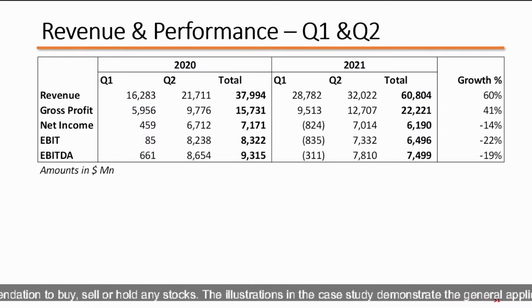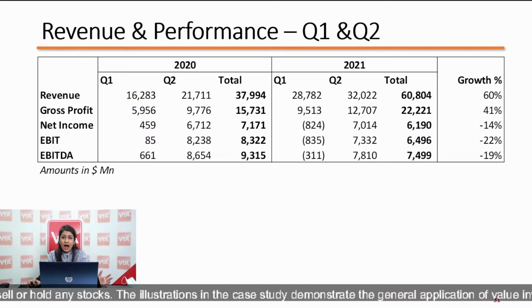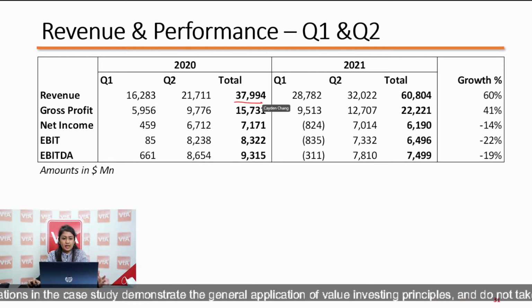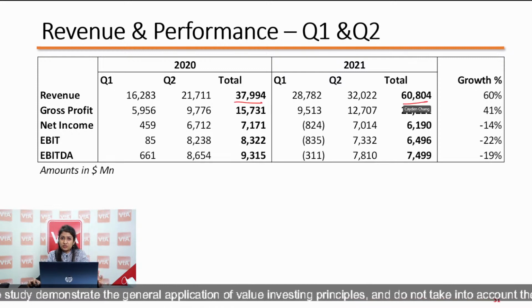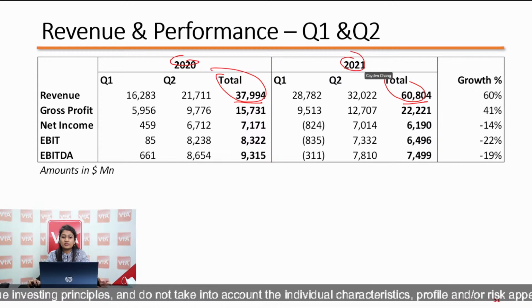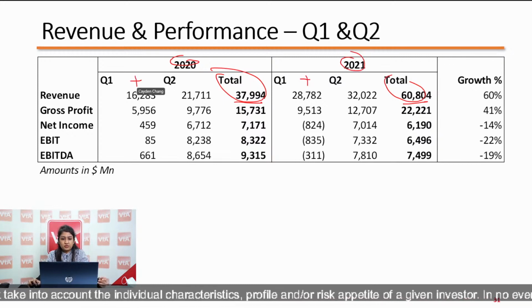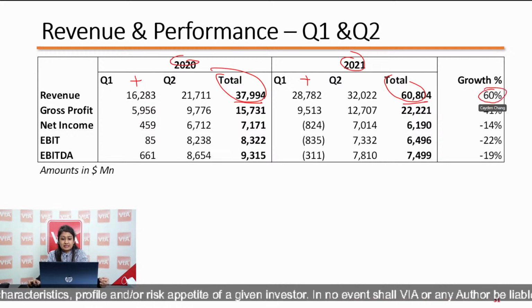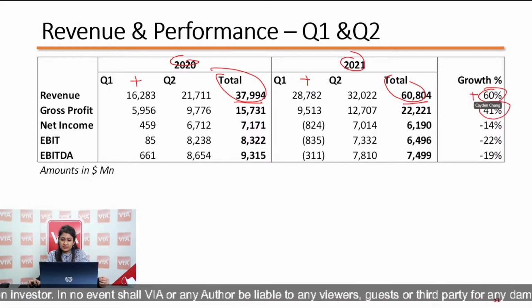Then this slide is comparing the half-year revenues and metrics for the company of 2021 compared to 2020. So the total column in this table shows the sum of Q1 and Q2 of each year. We can see that the revenue for the first half year of 2021 has grown by 60% from the same period last year, and the gross profit has increased by 41%.